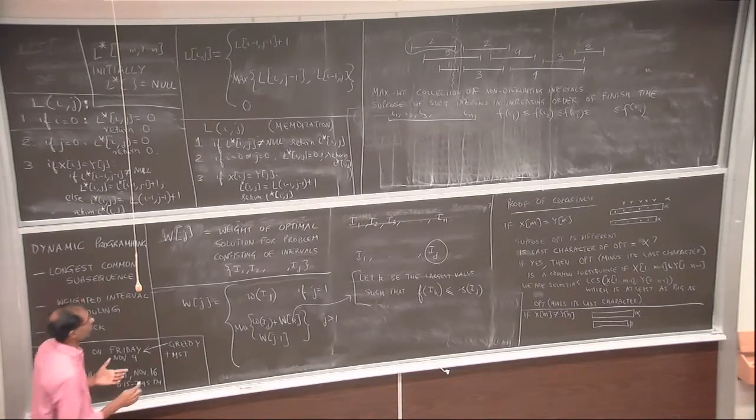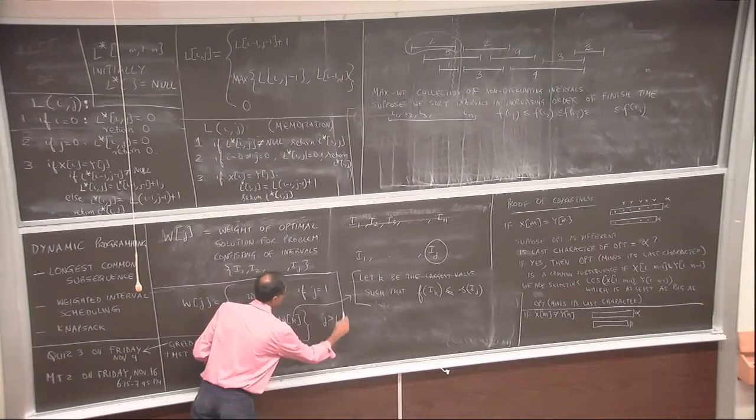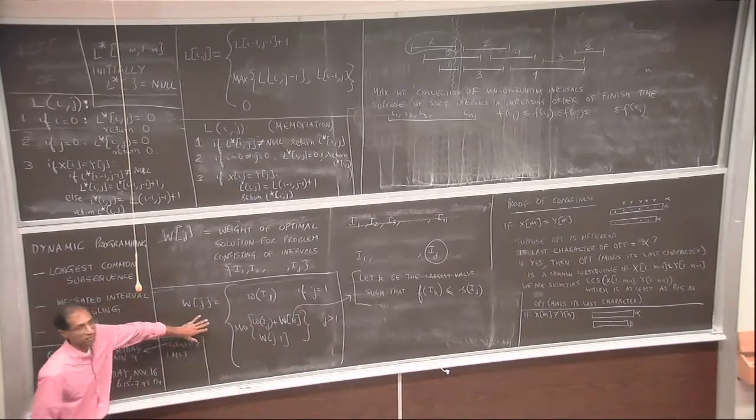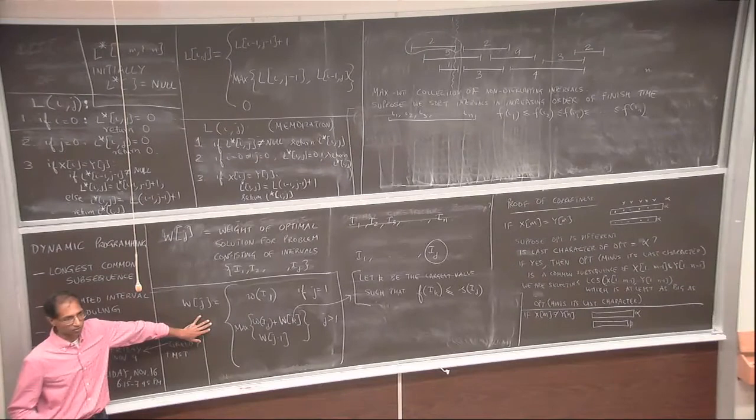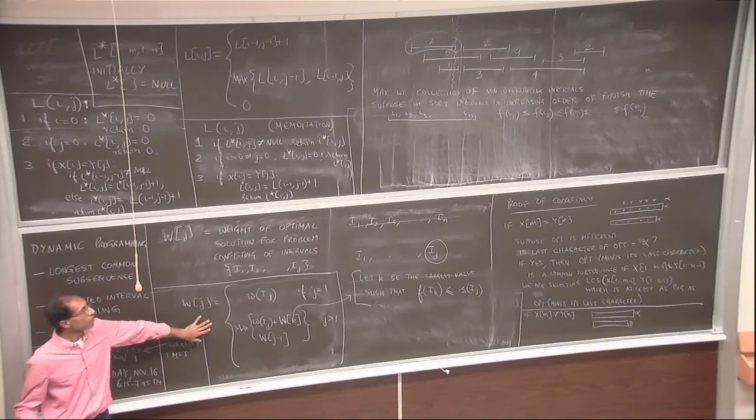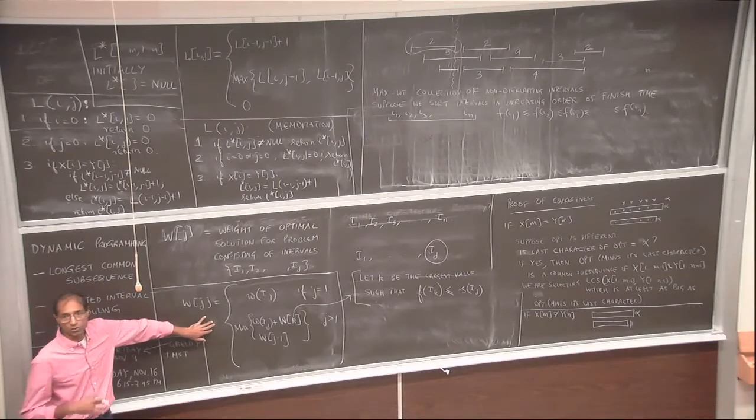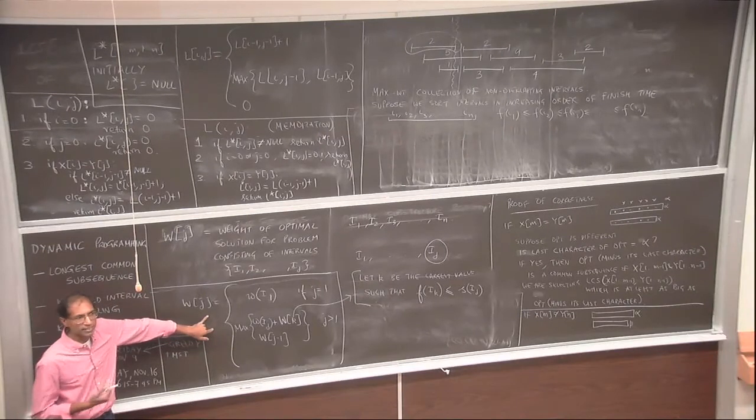Again, I want to emphasize that this is the heart of the algorithm. Essentially, if you have written this recurrence down, you're done. It's good to know how to translate this to code, and how to extract the solution. Notice that here I'm only keeping track of the total weights, but it's easy to extract the solution.